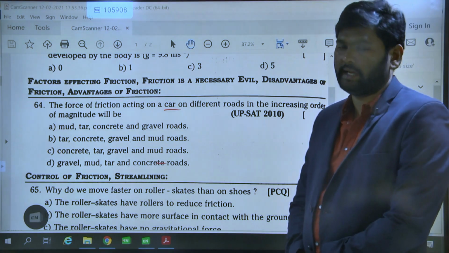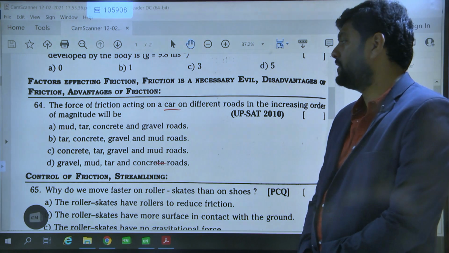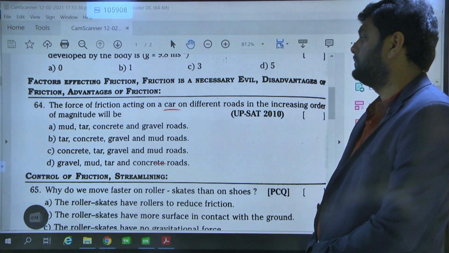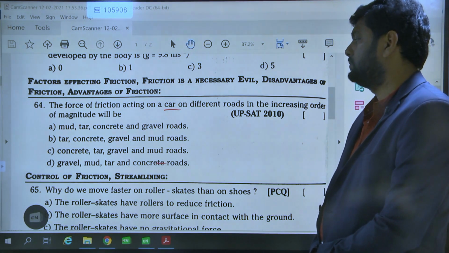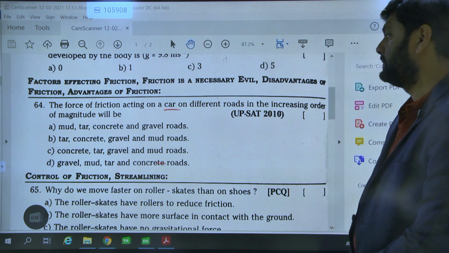They are asking for increasing order. So which one is the increasing order?